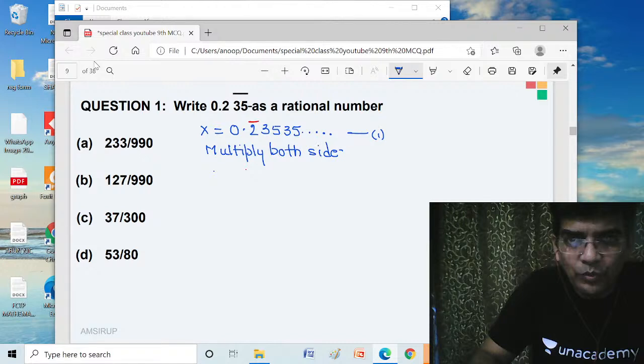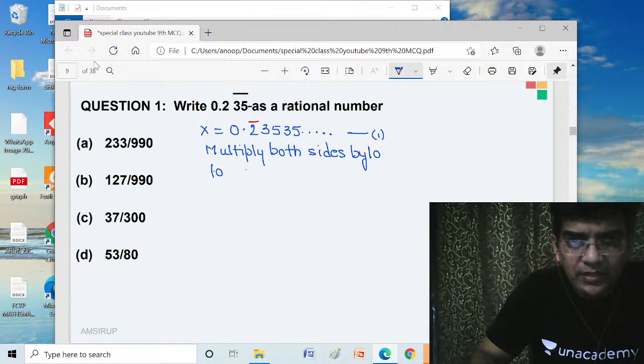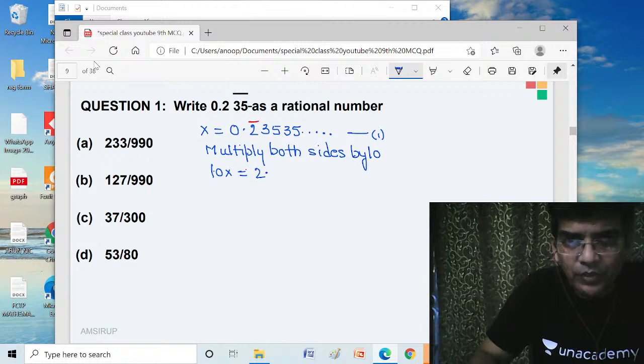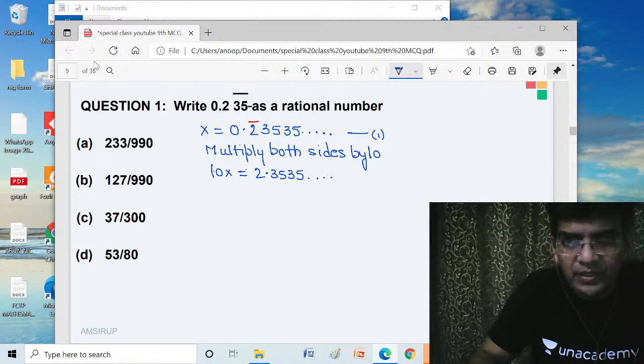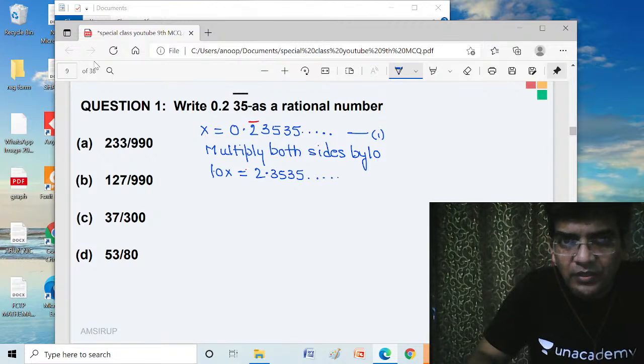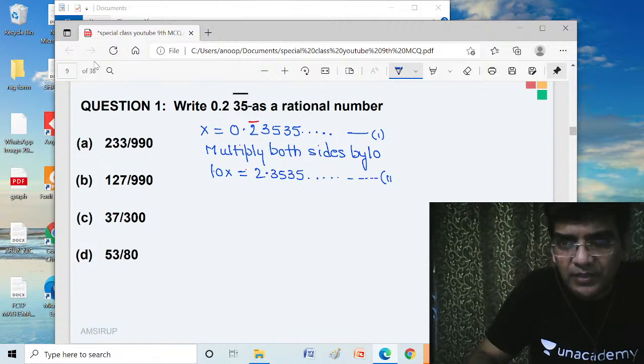The left side becomes 10x, and on the right side it becomes 2.3535 repeated. See, this non-repeated term 2 has been transferred, whereas the repeated terms are left on the right side. I am going to name it as equation number 2.